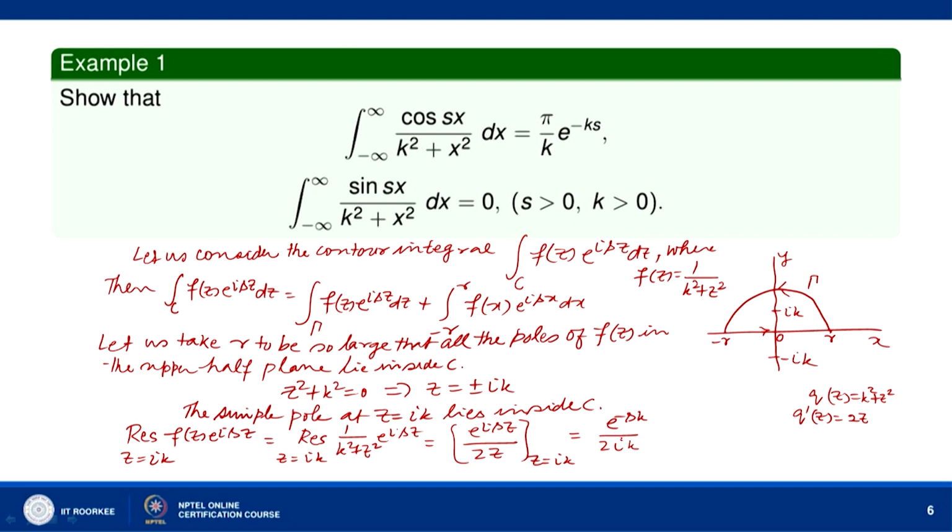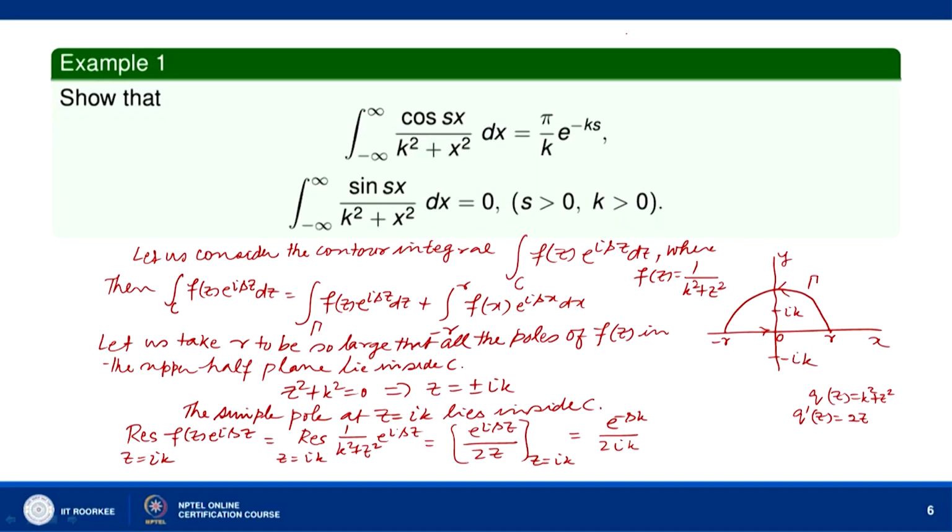Then the integral over C, by the residue theorem, the integral over C of 1 over k squared plus z squared e to the power isz dz will be equal to 2 pi i times e to the power minus sk over 2ik.